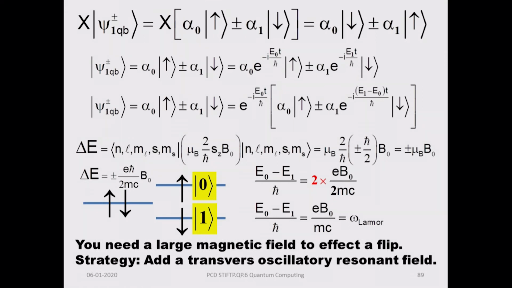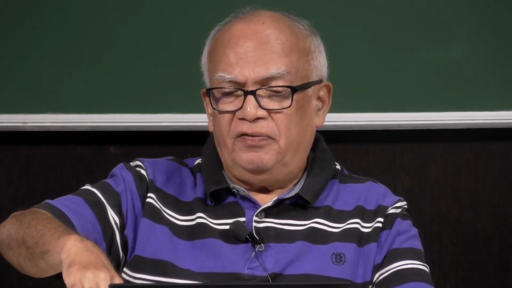And if you now want to flip, the up has to go down and down to up. Then you need a magnetic field which is strong enough and invert this. Now you need fairly strong magnetic fields to do that, which is really not very practical.